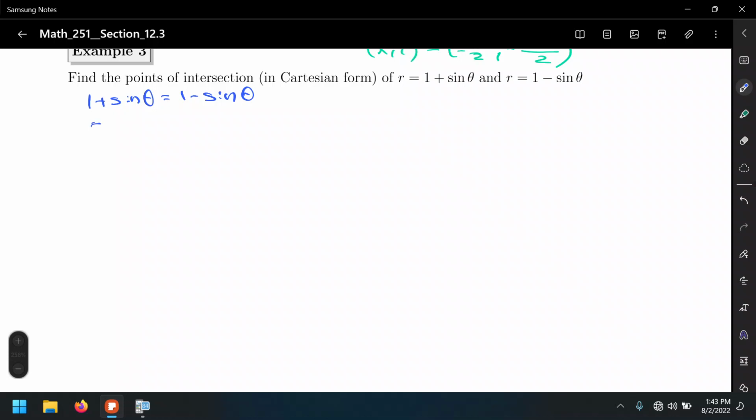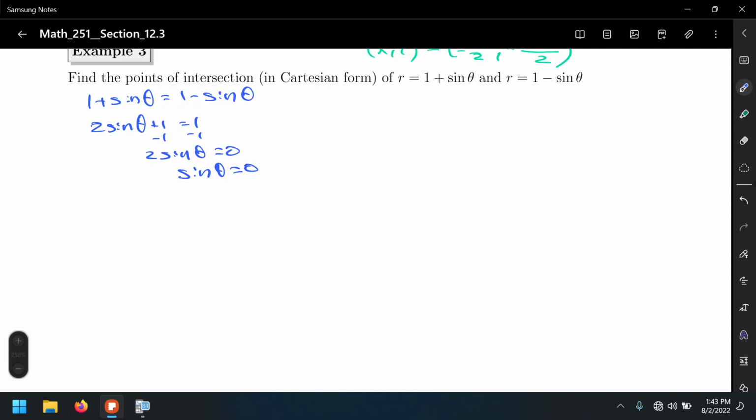That's going to give us 2 sine theta plus 1 equals 1, and then subtract 1 from both sides to get 2 sine theta equals 0, which is the same as sine theta equals 0.